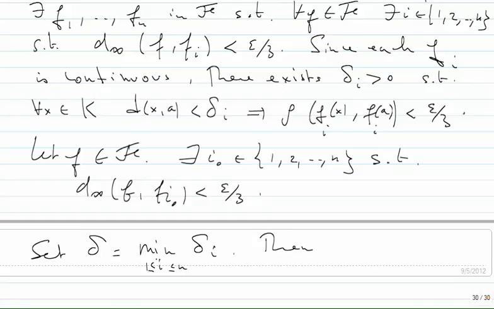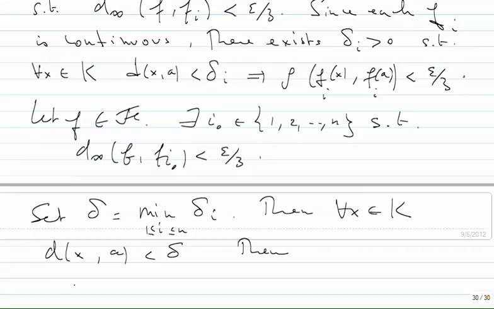So then for any x in K such that the distance from x to a is less than delta, then d of x, a will be less than delta i for any i. So for this f here, there exists an i0.